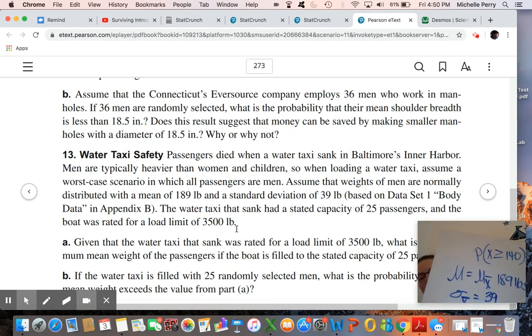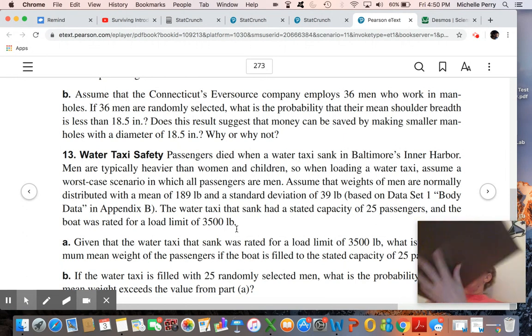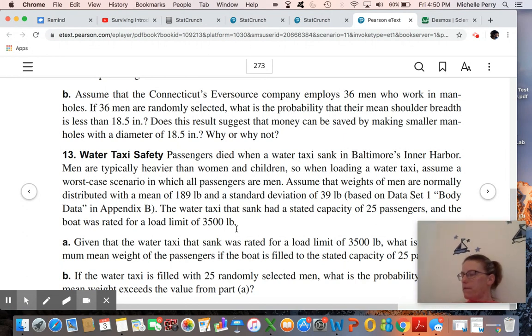So this becomes what we are trying to focus on inside of StatCrunch. Now you can see 39 divided by the square root of 25. So I want to begin by simplifying that standard deviation of all sample means. I know 39 divided by the square root of 25, and the square root of 25, yay, is a nice, pretty, perfect square.